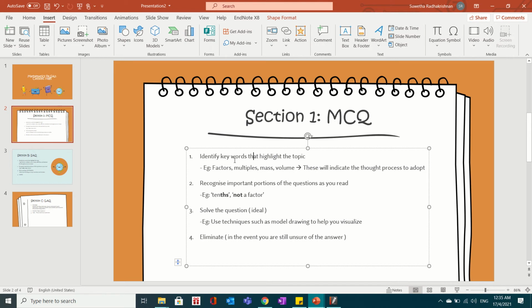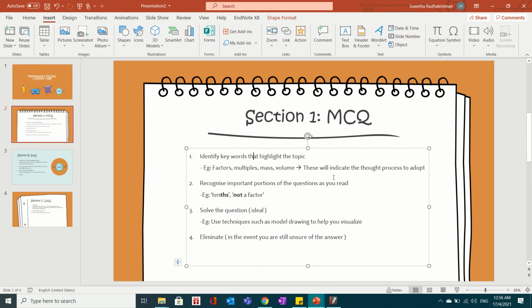The second tip that I would generally give a lot of students would be to recognize important portions of the questions as you read. This is especially important so that you can avoid careless mistakes. As much as MCQ is a section where a lot of people tend to do well because a lot of the questions tend to be basic and rather guided because of the options being given, there is also a lot of avenue to make careless mistakes because you do not have to present your working or anything.